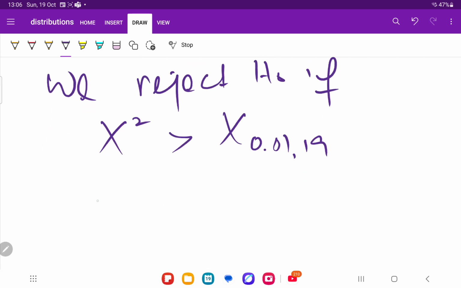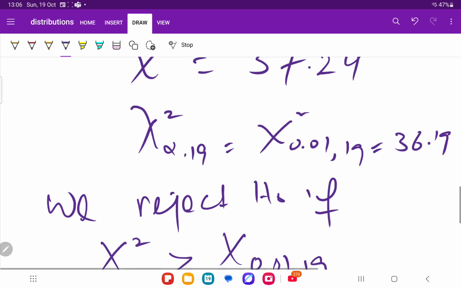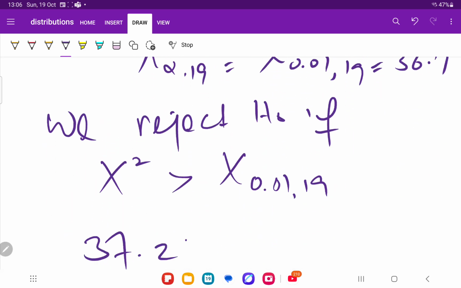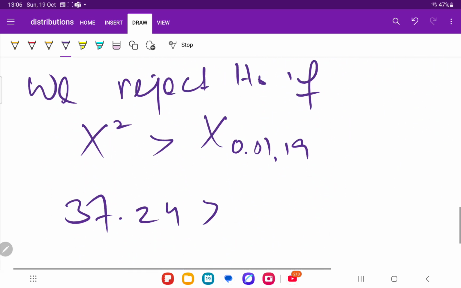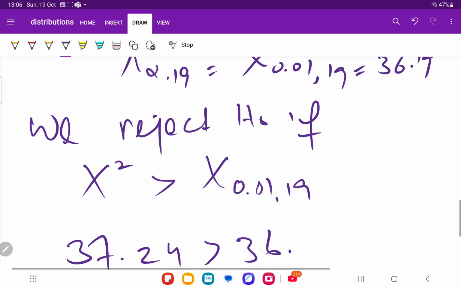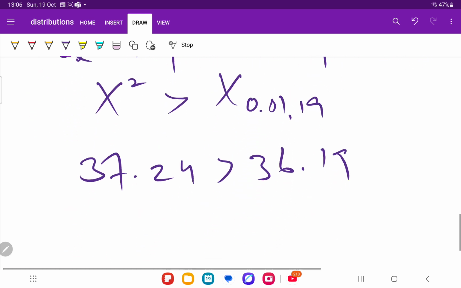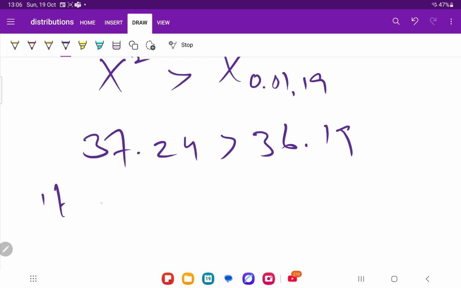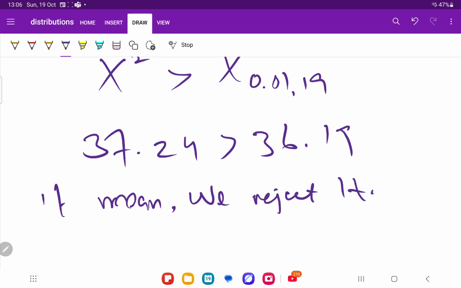It means that 37.24 is greater than 36.19. So it means we reject H naught. Okay, we reject H naught.